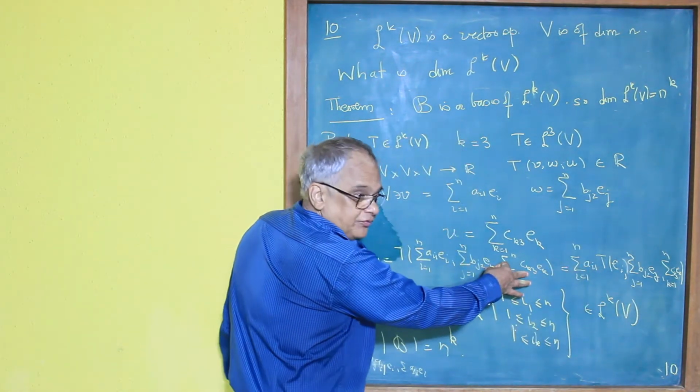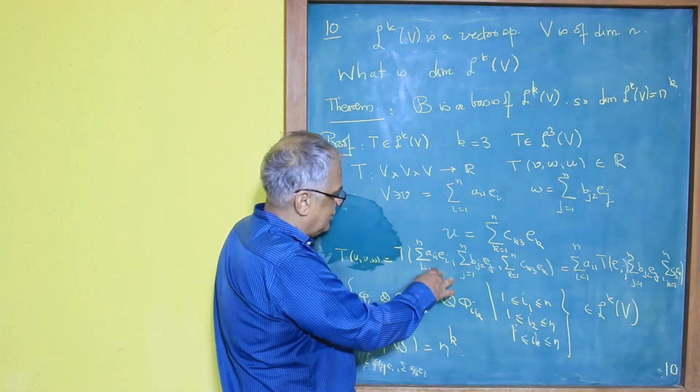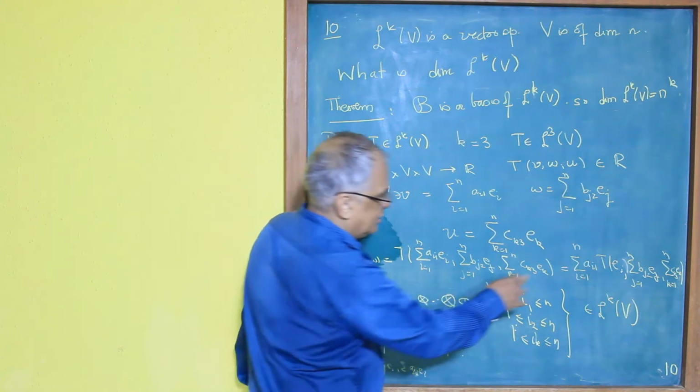I'm saying keep these two fixed and look at it as a function of the first variable. T is linear in the first variable. There's a sum in the first variable, so I can take that sum outside the T. That is what I'm doing here.